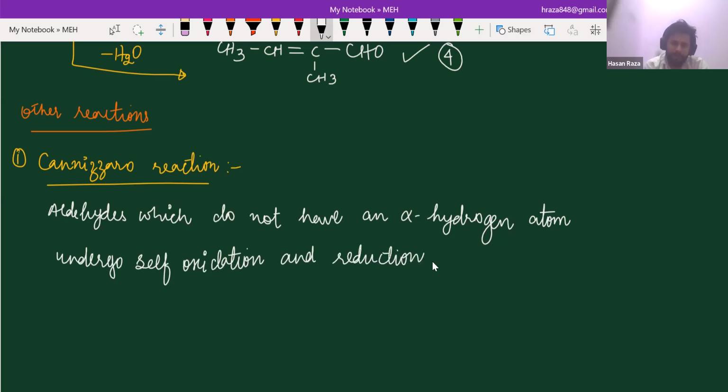Self-oxidation and reduction, that means disproportionation reaction. I'll explain these terms. Disproportionation reaction.